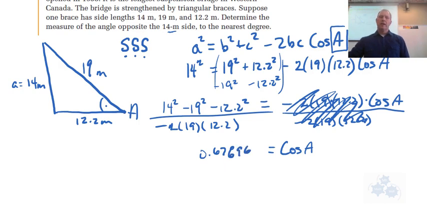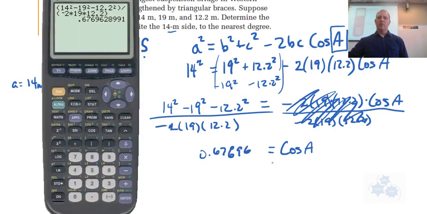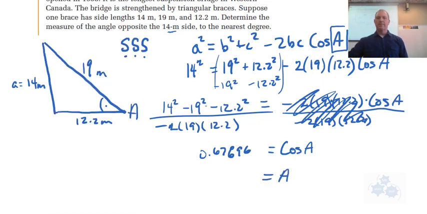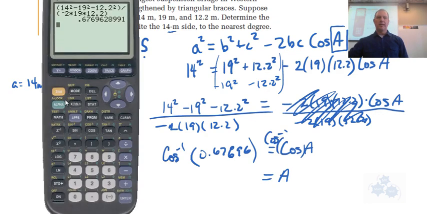All right. And so then what we do, how do we get A all by itself here again? Guys, remember? Cos to the -1 of both sides. Okay. So let's do that and see what we get. Second function cos of our answer. Just put the whole answer in there.